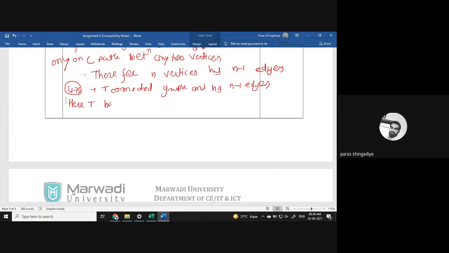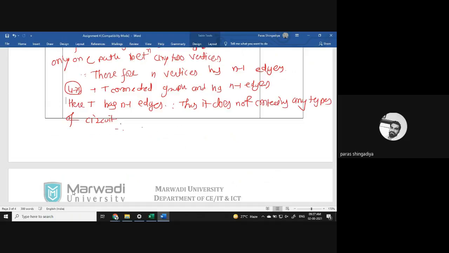Here T has n minus 1 edges, so thus it does not contain any type of circuit.